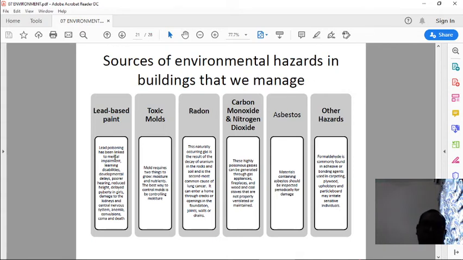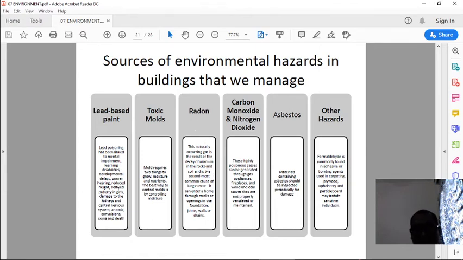Even in our petroleum products, of course, from the 1970s we have already outlawed lead based petroleum. So all of our petroleum products in our country are considered unleaded. Toxic mold, radon. Radon is a deadly result of the decay of uranium.